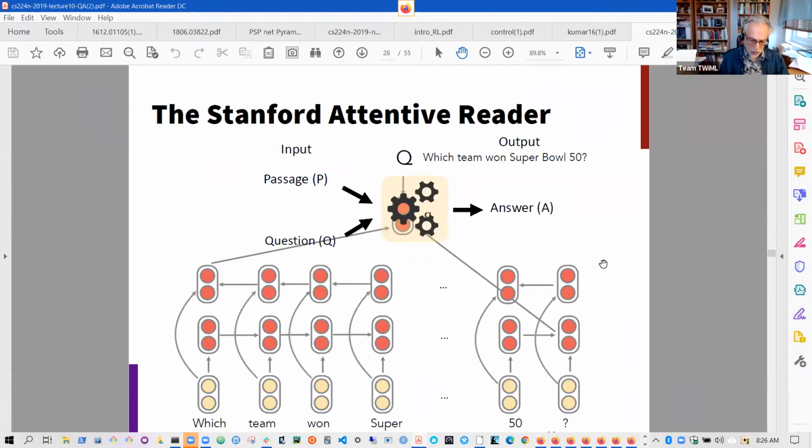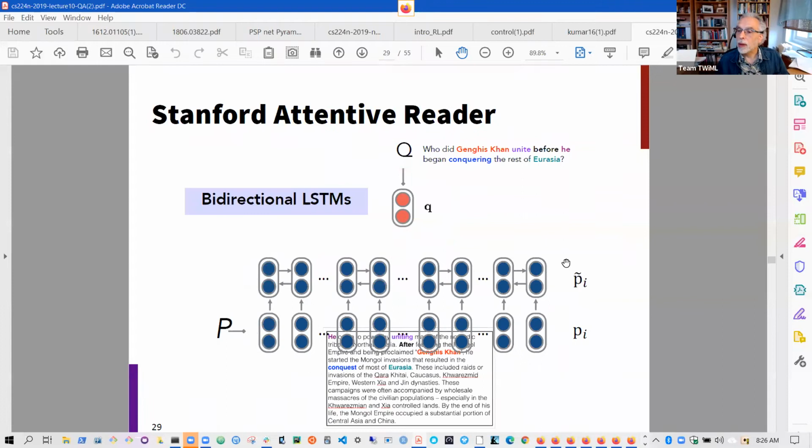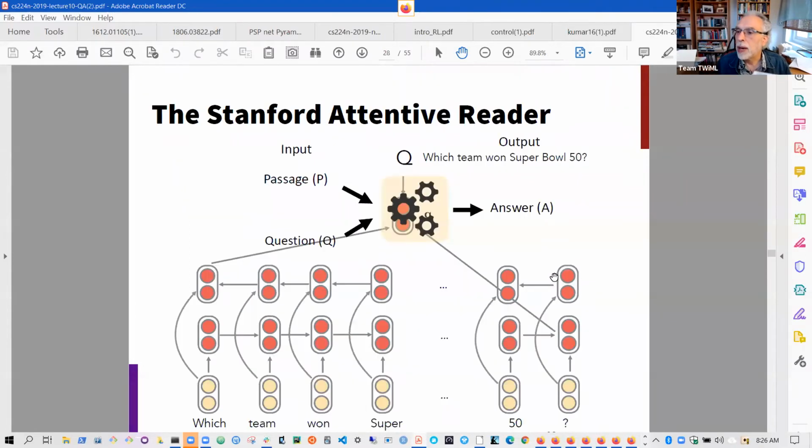They don't go into a lot more detail than that, except that they're using attention to match the question vector with a passage. So you can imagine that out of this bidirectional LSTM comes a vector.